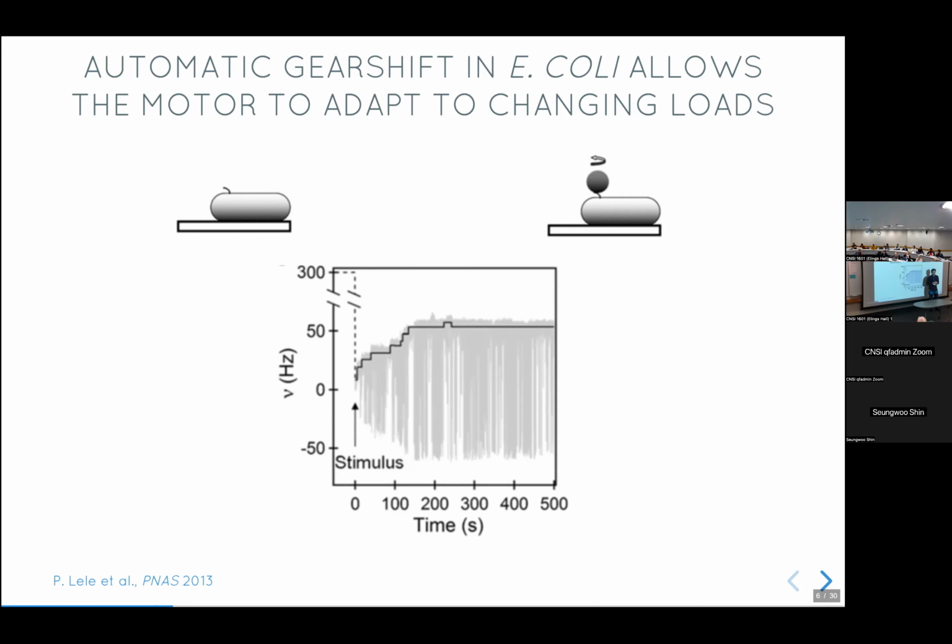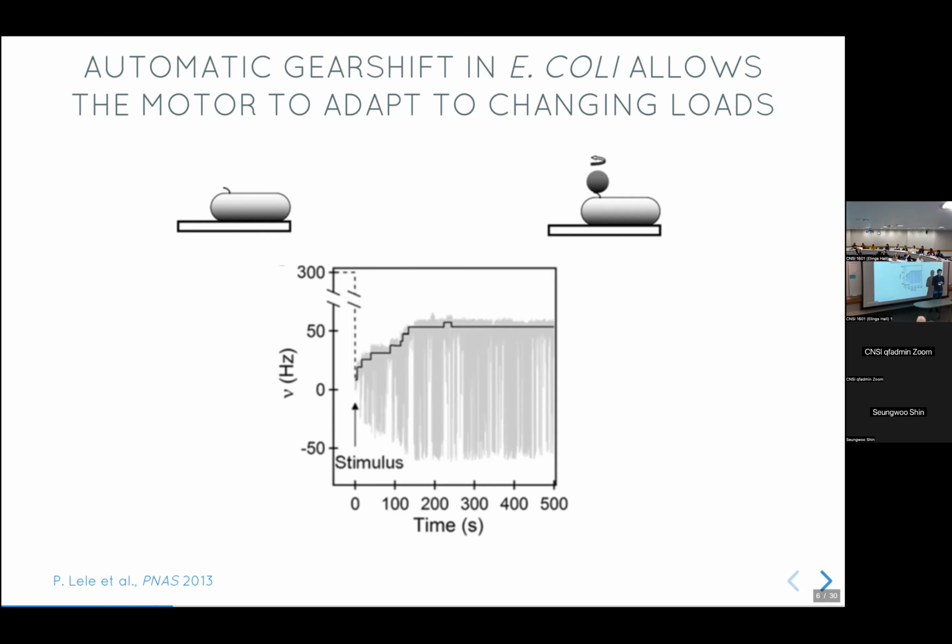The time scale of the switch is much longer than the period of the rotation. This motor is rotating at about between 10 and 50 hertz, and the switch happens basically instantaneously and switches back pretty fast, but it stays in one direction for about a second or more.